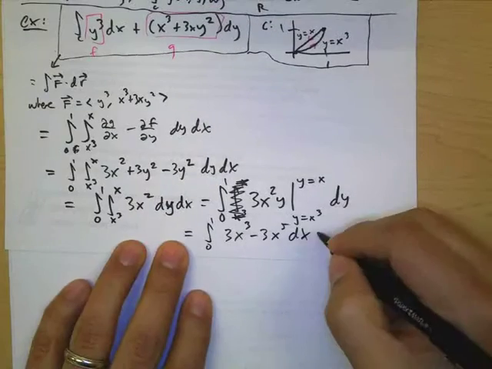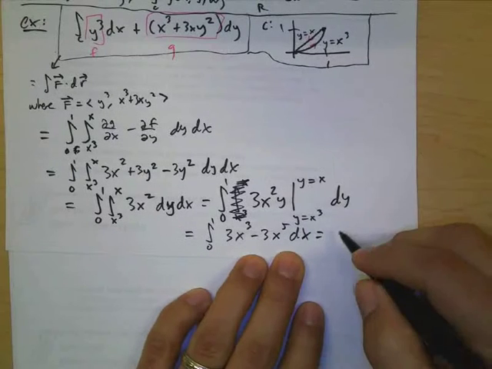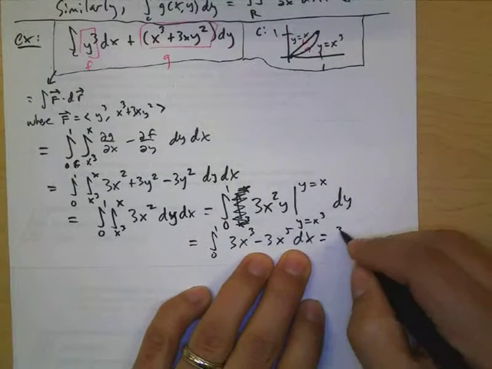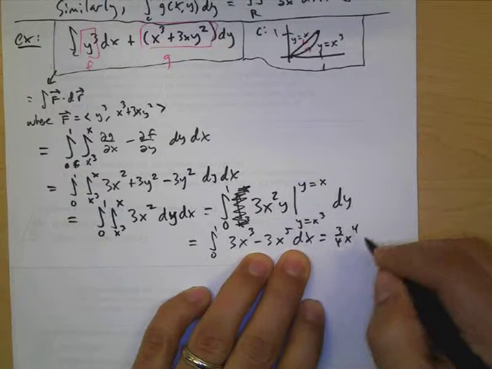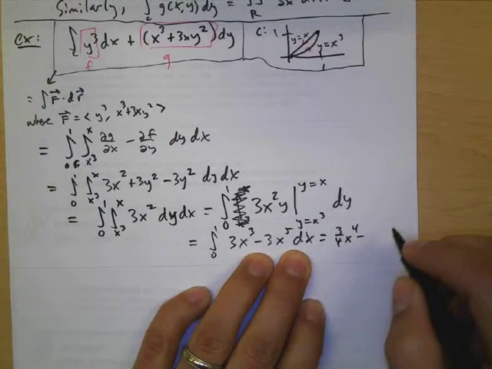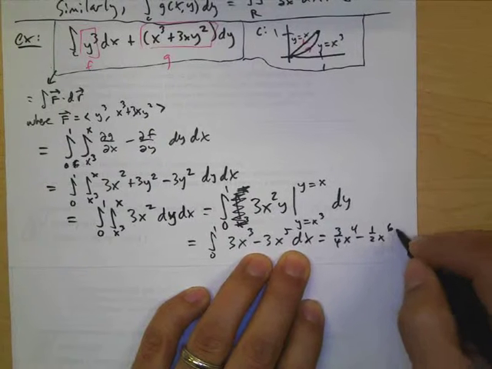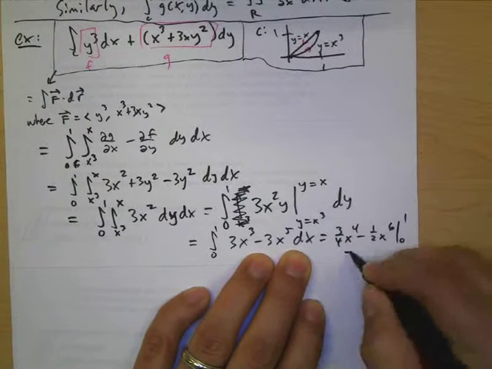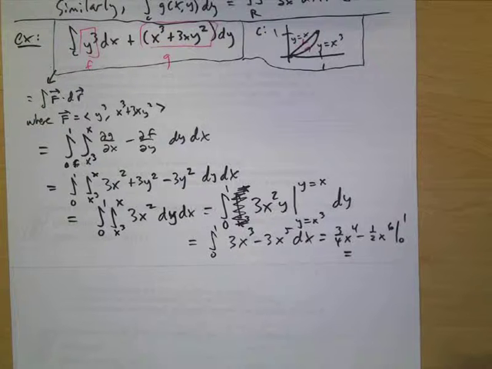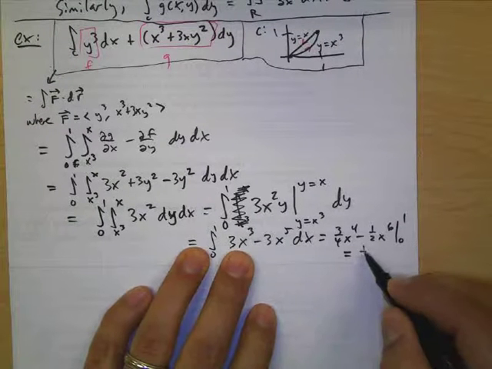Trying to squeeze it in on this page. So then the integral for that, that's 3/4 x to the 4 minus 3/6, so 1/2 x to the 6th from 0 to 1, which gives us 3/4 minus 1/2, so that's 1/4.